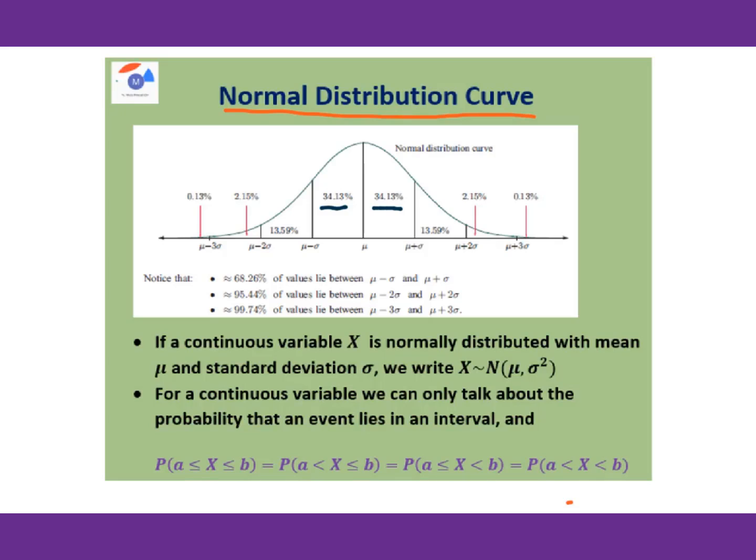This is a probability. We have a mean. Sigma means standard deviation. So from your mean minus 1 sigma, the area will be 34.13%.